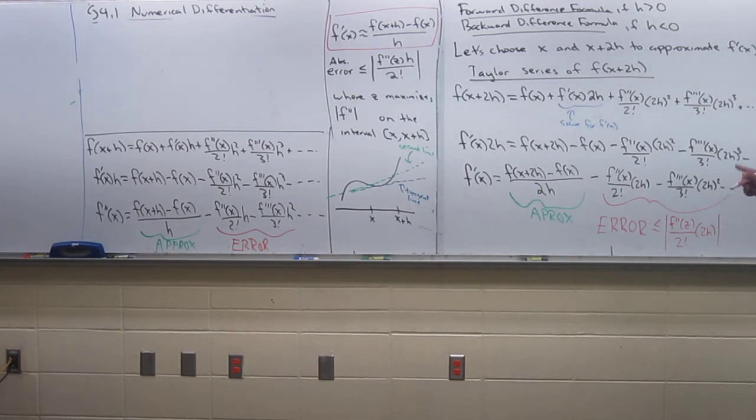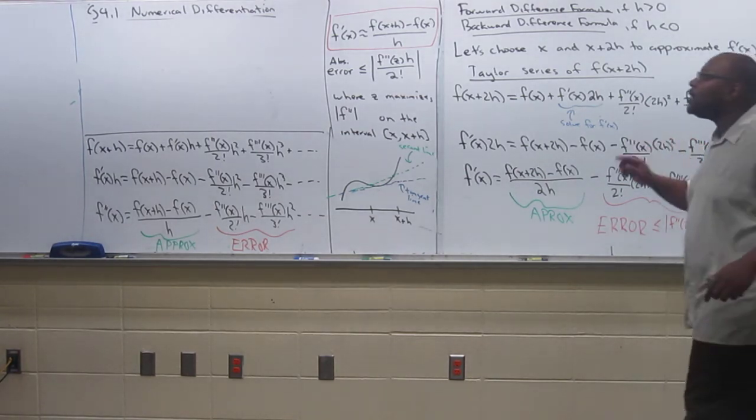But then I say, wait a minute, I really don't need this 2. This is 2 factorial, this is 2. Really, I don't need these 2's at all. So I can really write this as just f double prime of z times h. That's as big as my error can be for this approximation.